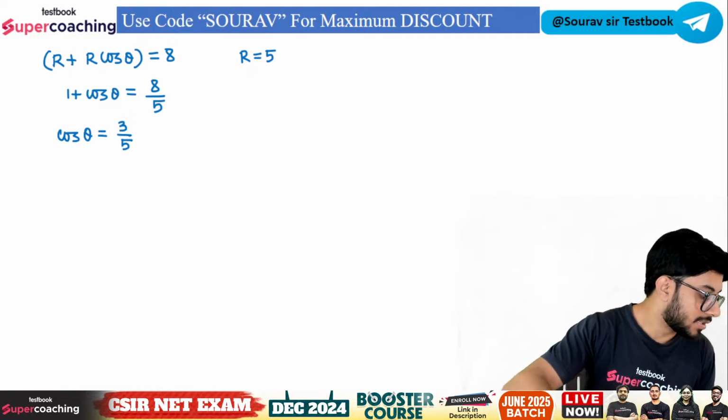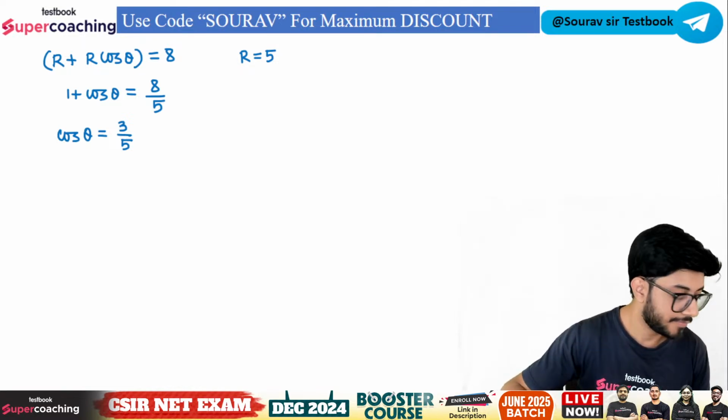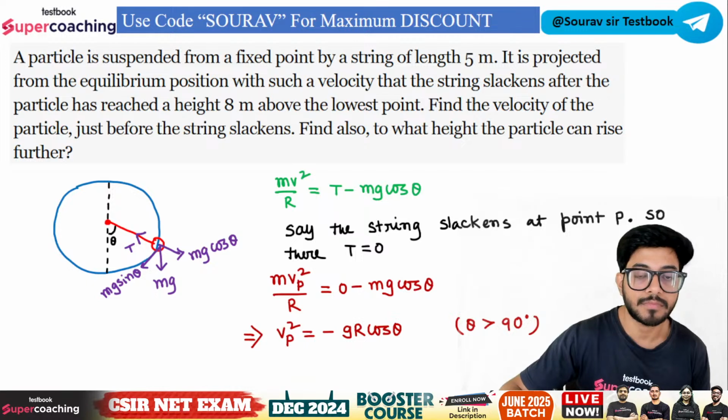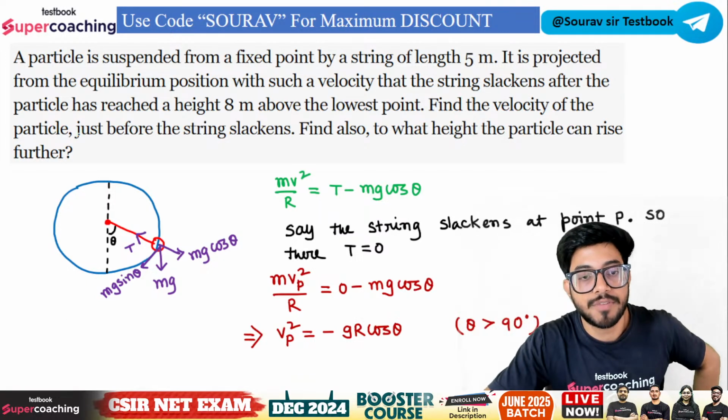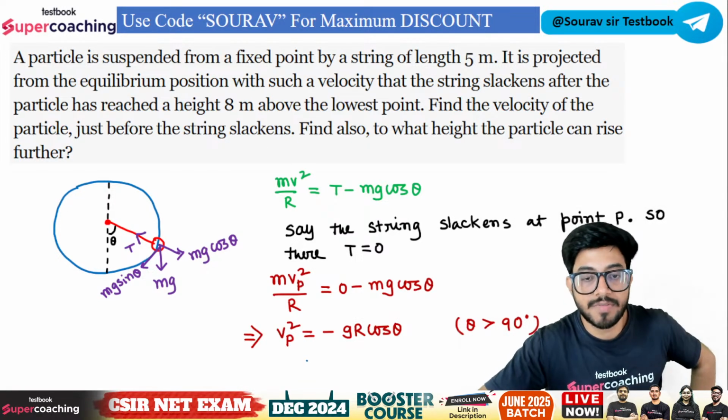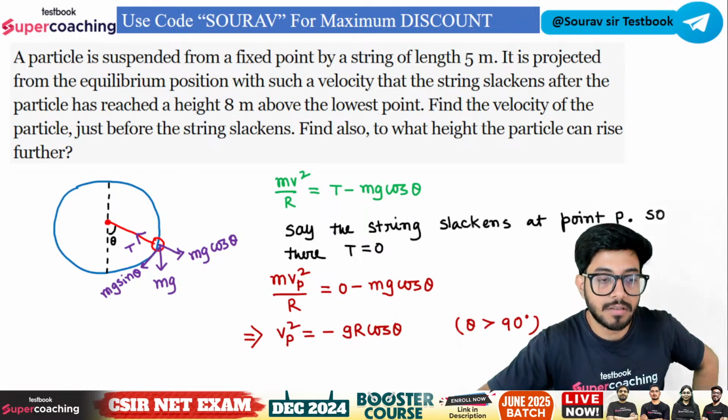Now tell me what they have asked. Find the velocity of the particle just before the string slacks. Okay, so Vp square equals minus gr cos theta.